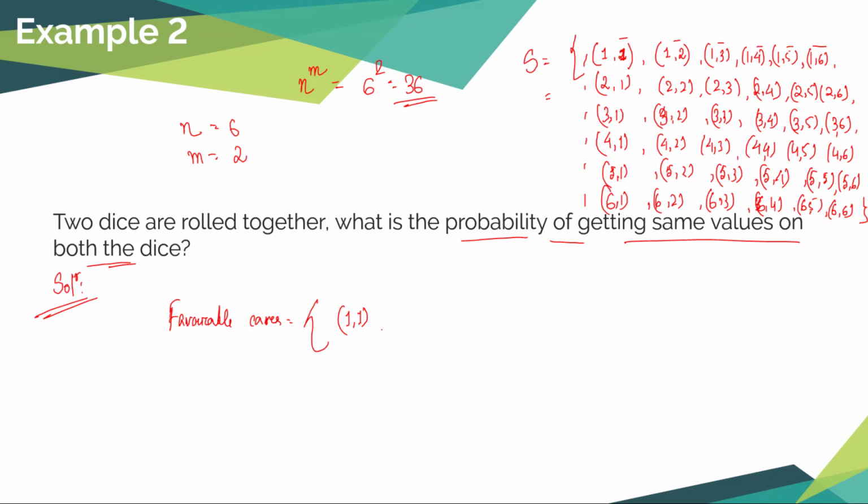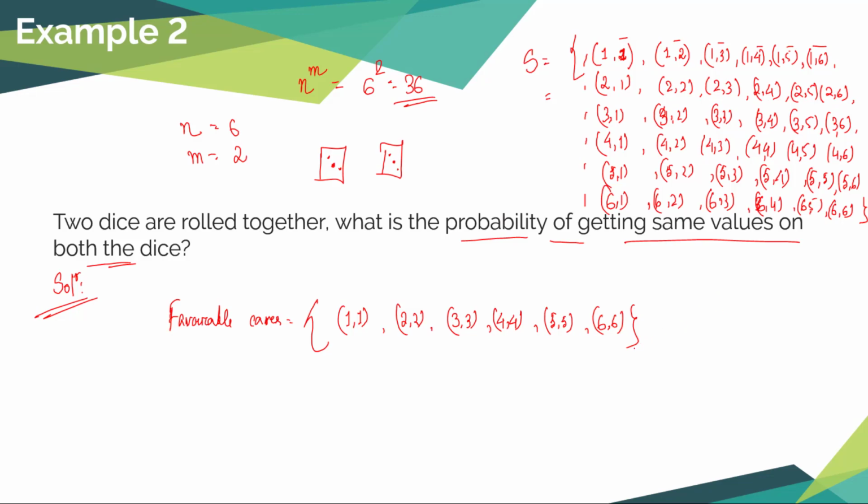Because it is showing the same number on both the dice. (2,2) is another favorable case. (3,3), (4,4), (5,5), and (6,6). So both dice, the first die and second die, are showing the same number, (1,1) or (2,2) or (3,3), etc. So there are 6 such events, right? So the combination of those 6 events is our favorable cases.